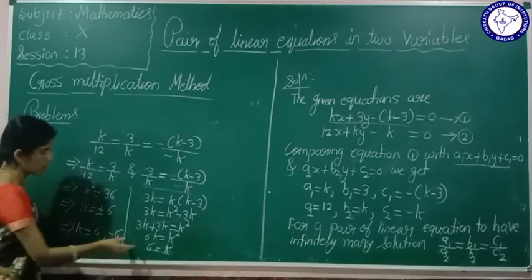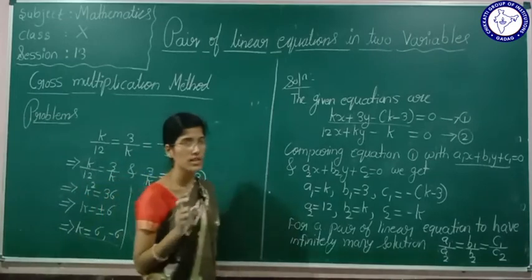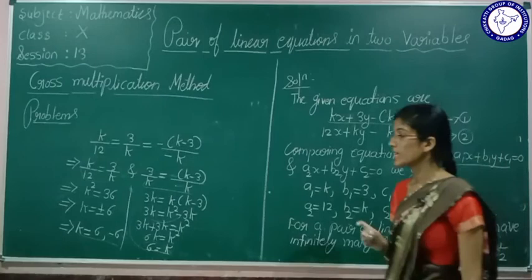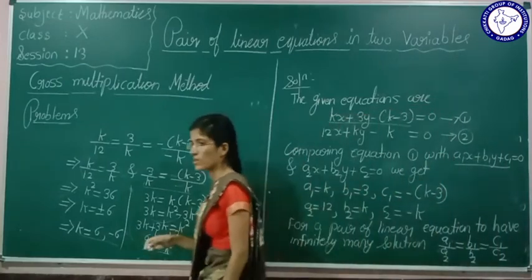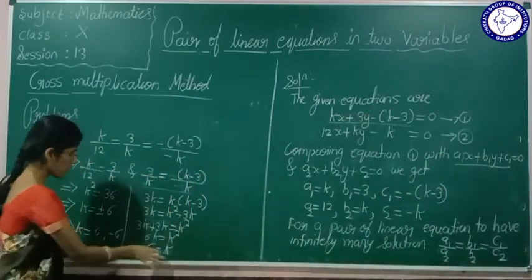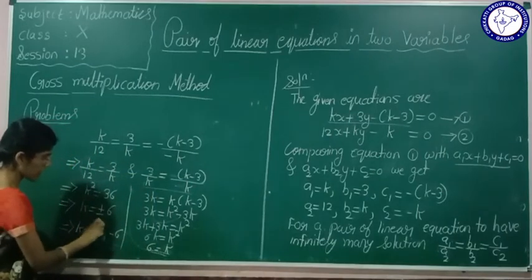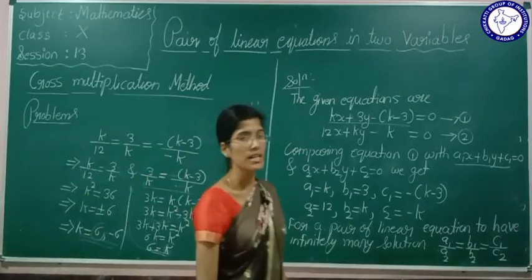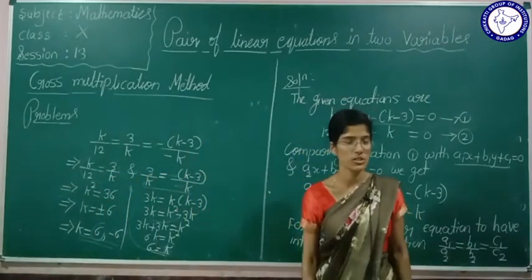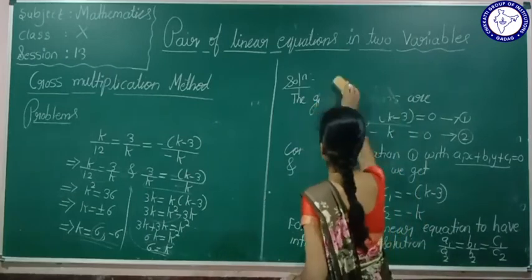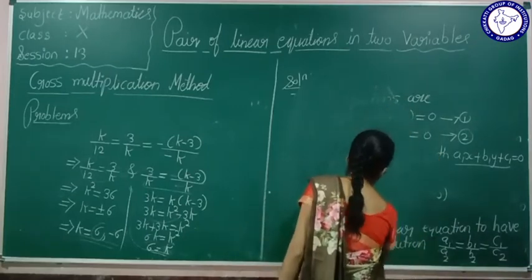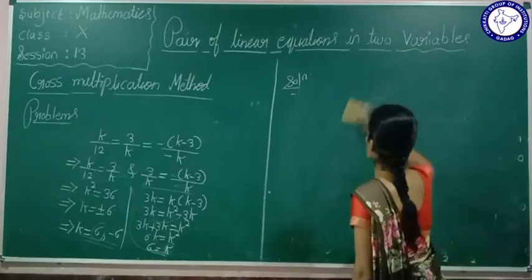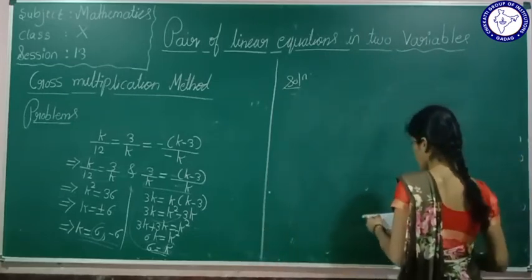What we can tell is k is equal to 6. For k is equal to 6, the pair of linear equations has infinitely many solutions. What we can write as the conclusion here is, for k is equal to 6, the pair of linear equations has infinitely many solutions.